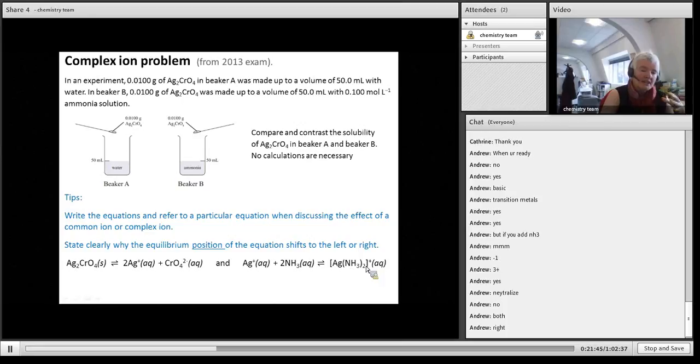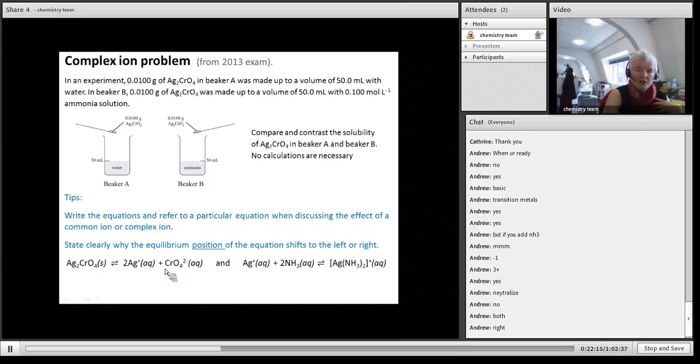So what you'll say is, you'll write those equations and you'll say the ammonia complexes with the silver to form a soluble silver complex, and you'll show that, for excellence you must certainly be able to write that formula. And then you'll say in equation 1, because the silver ions are being removed, the equilibrium position will shift to the right, so I will have more silver chromate dissolving in solution.